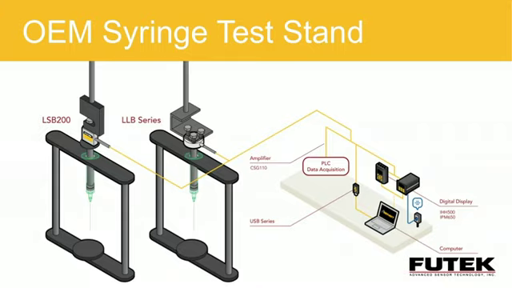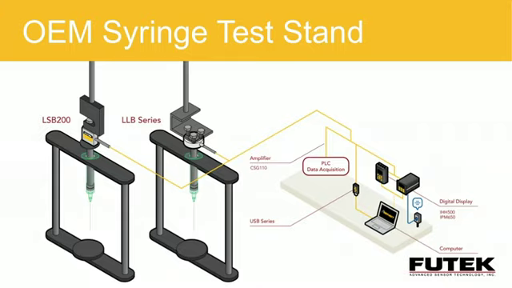But the key aspect of this slide is to show you that in one case we have the LSB200 that we're utilizing for this test, and in the other case we've fixtured up an LLB series load cell. And a lot of this gets into customer preference and fixturing.